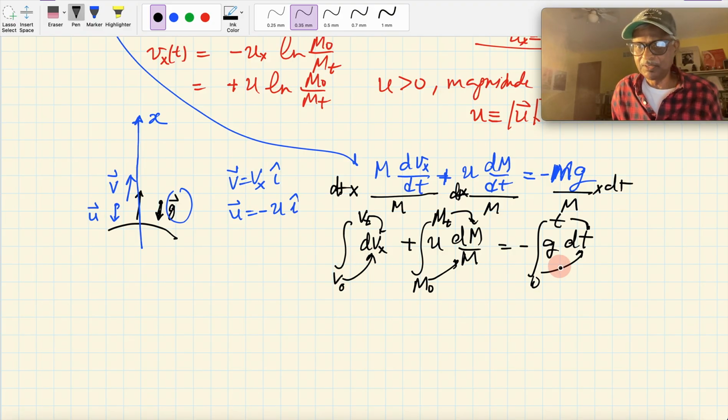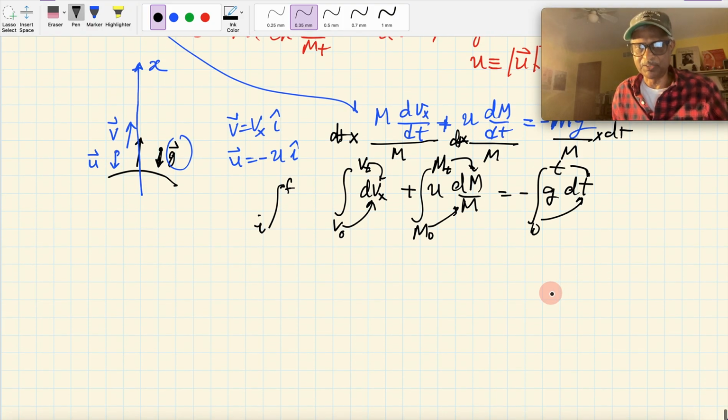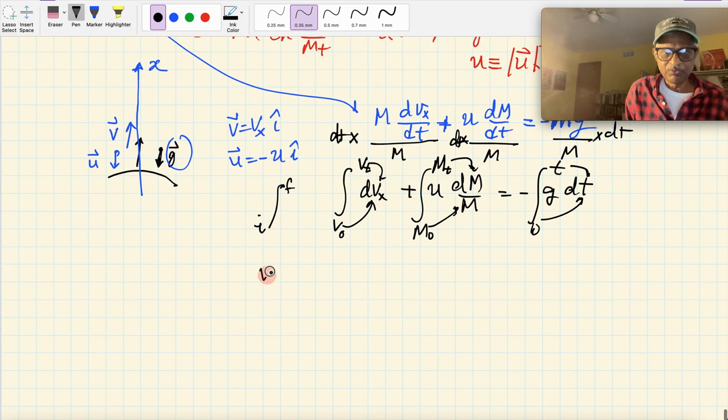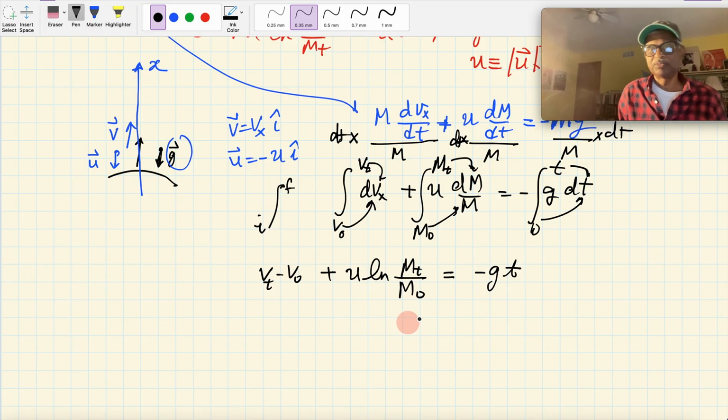So this is like from initial to some final. So each one of them has got the appropriate symbols for initial and final. So I'm going to get vt minus v0 from here. I'm going to get u log mt over m0, and you're going to get a minus g t, zeros.